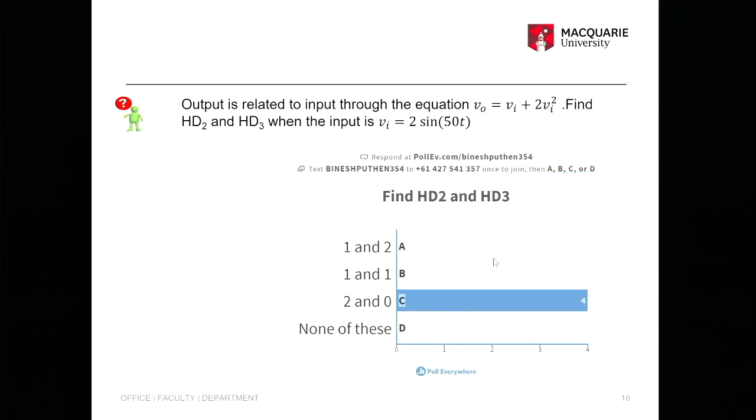Okay, we got only four people who got the answer. You should be able to find it in this time. Okay, I'll give you 30 more seconds and we'll move on.